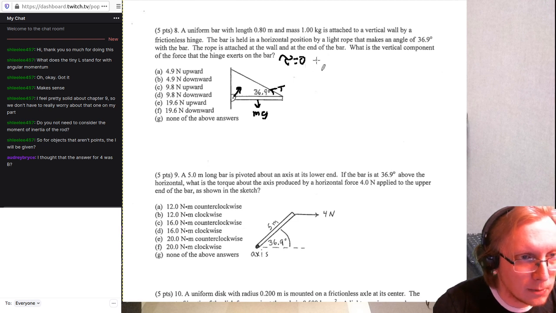Torque is equal to 0, is equal to mg L half.